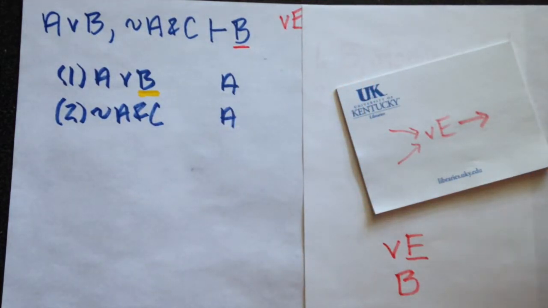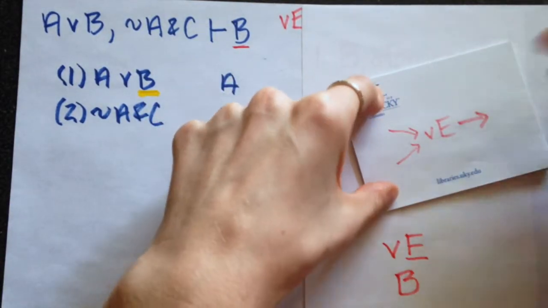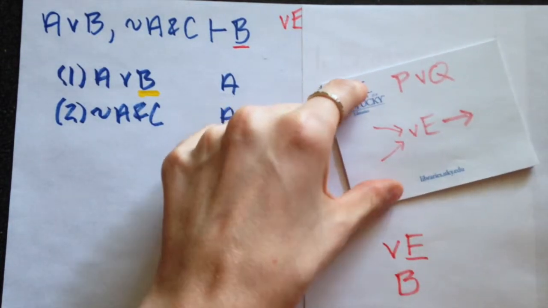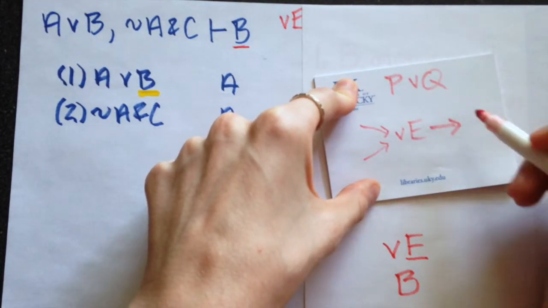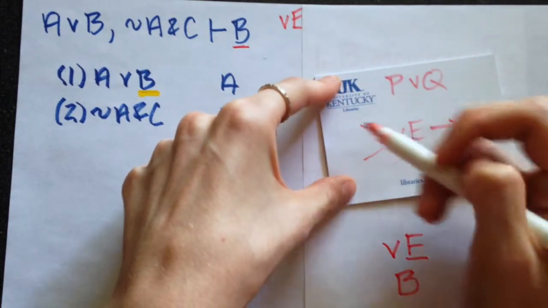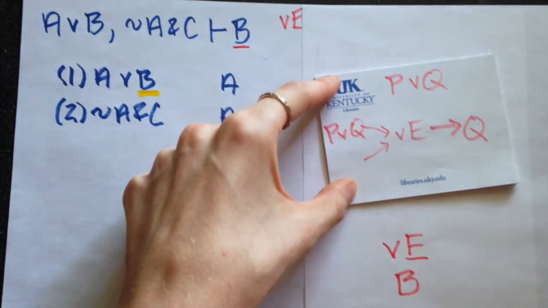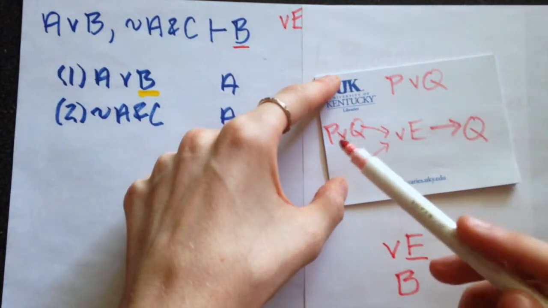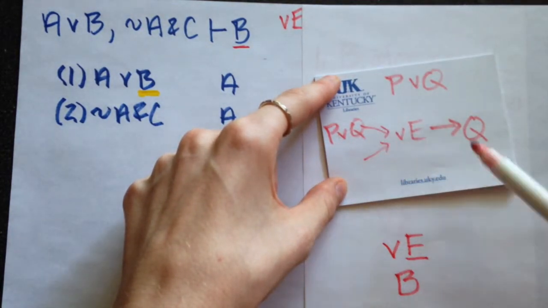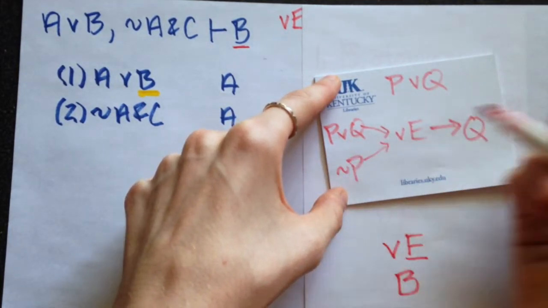If you've got any disjunction, say P wedge Q, and you want to get Q on a line by itself, that means you need two things. You need the actual disjunction, P wedge Q, on a line by itself, and then you're going to need the denial of the other disjunct. So if you've got P wedge Q and you want to conclude that Q is true, you're going to need the denial of P.